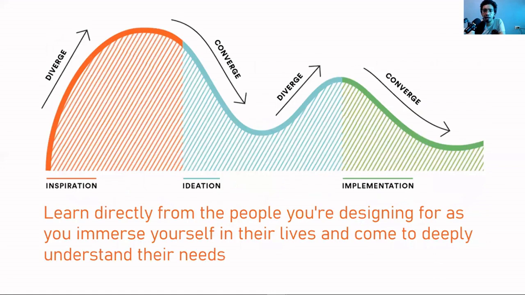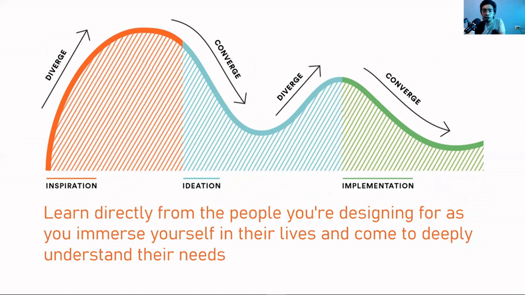So the first one is inspiration. As shown here in the slide, this is how you think when you think of inspiration, ideation, and implementation. For the inspiration part, it is actually divergent thinking. It is upward.